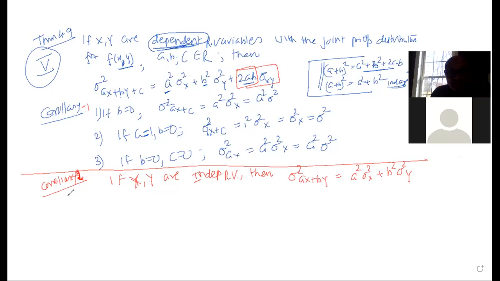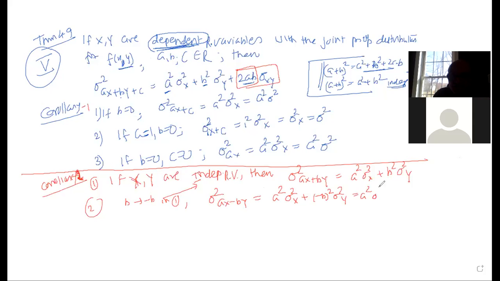And suppose, for the second part, x and y are independent random variables. Suppose I replace b by negative b in the first case. Then what will happen? Sigma square of ax minus by is equal to a square sigma square x plus b square sigma square of y.